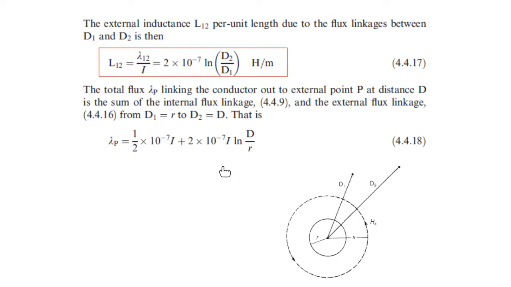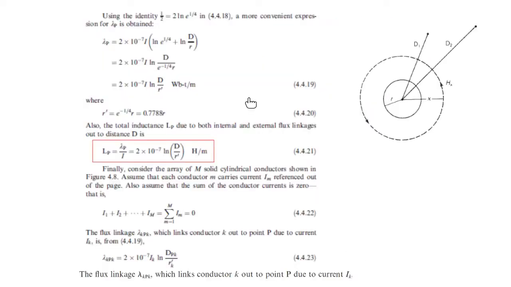And to make it more convenient, we use this identity, half equals this one, to get rid of the half. Therefore, we can do it like this, and then we come to the inductance at a point P. It will be 2 times 10 to the power minus 7 natural log D over R prime. Remember now it's R prime. What's R prime?